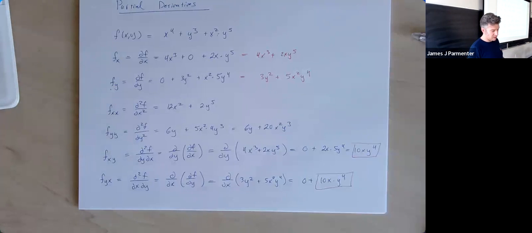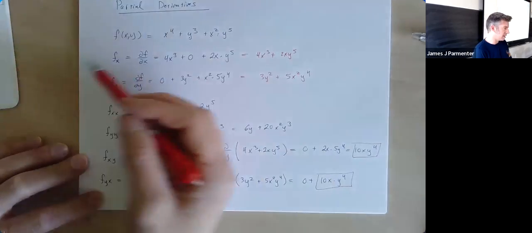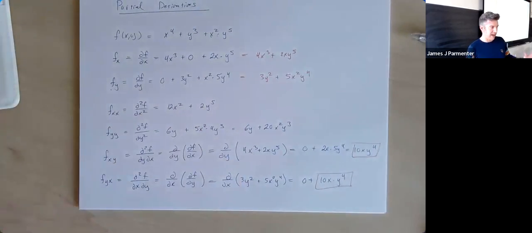Any function that looks kind of quote unquote normal, meaning you're just writing f of x, y equals nice powers of x, sine, cosine, trig functions, anything like that is going to be totally fine. I will also tell you the simplest function that I know of that violates this rule, where the mixed partials aren't equal to each other, is some kind of bonkers piecewise function. So if your function isn't piecewise, it's a very good bet that you're fine taking the mixed partial either way.